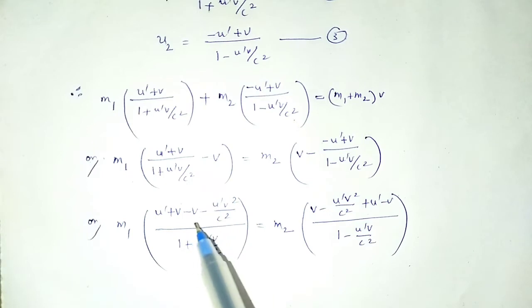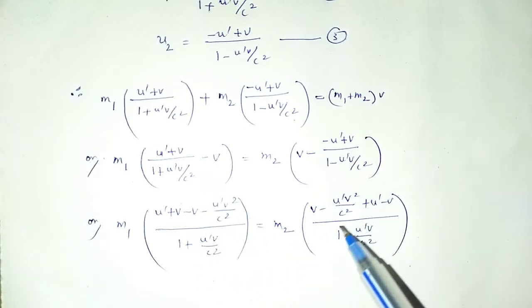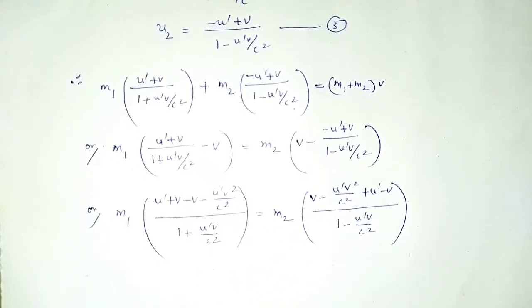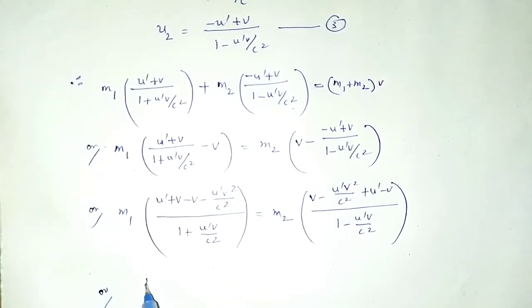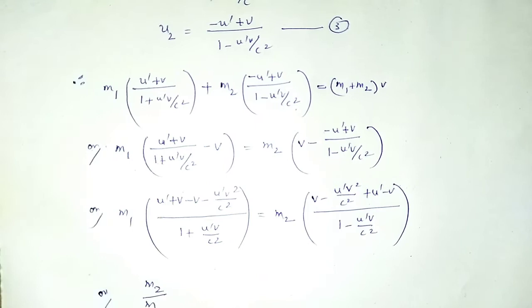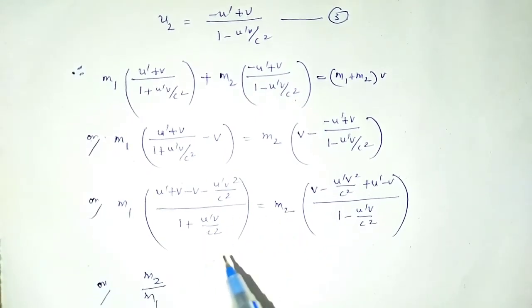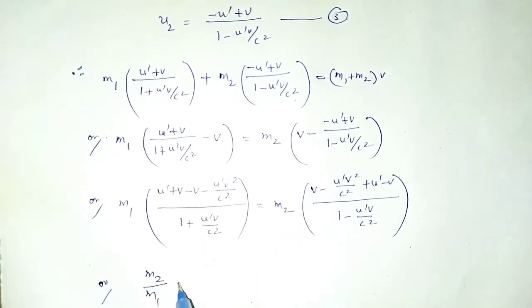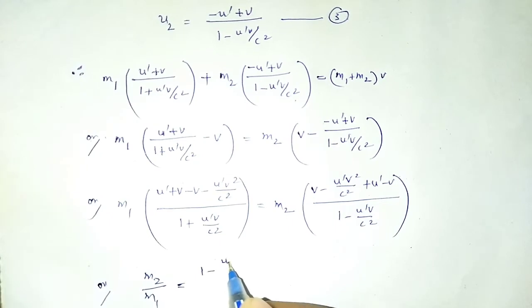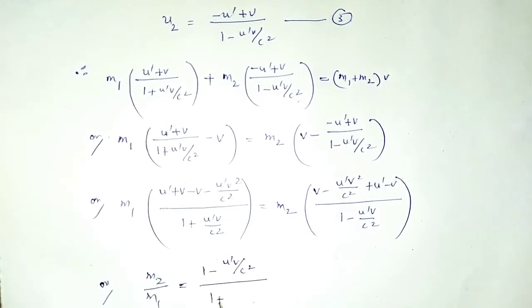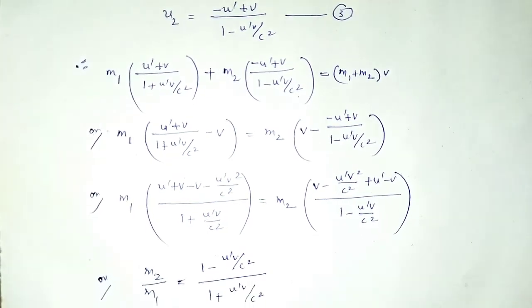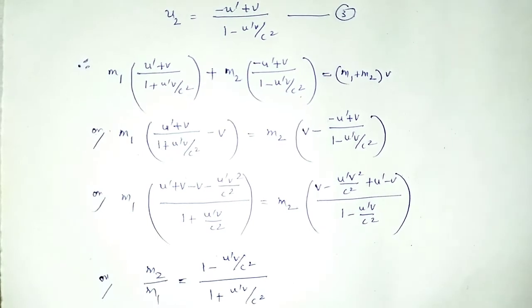This term is the same, that term also the same, these two cancel out, and equating these two we have the value of m2 by m1 will be 1 minus u'v by c square whole divided by 1 plus u'v divided by c square. Let that be equation number 4.